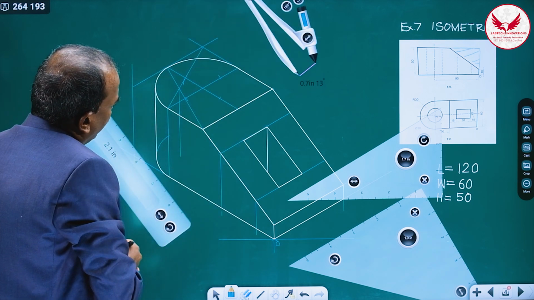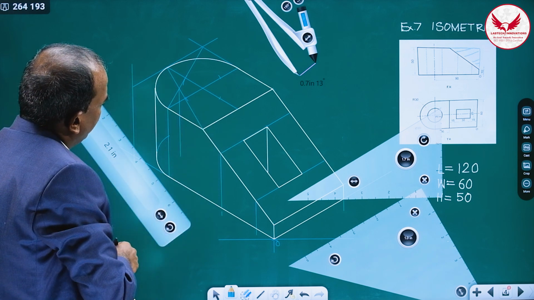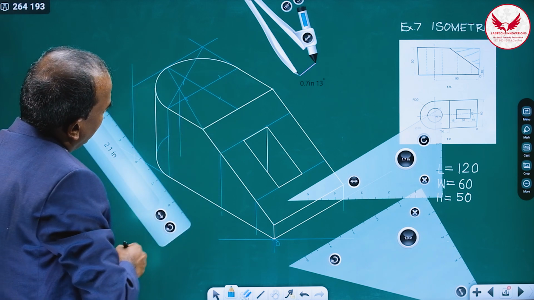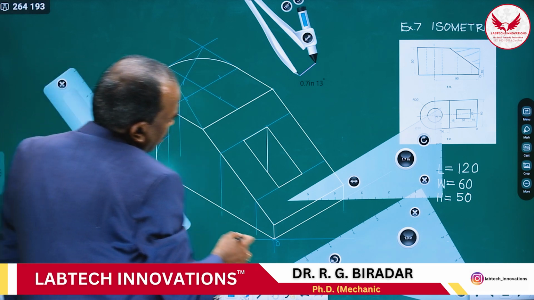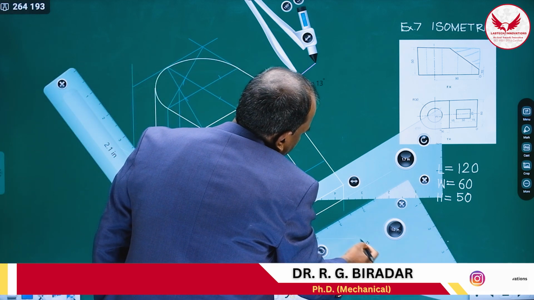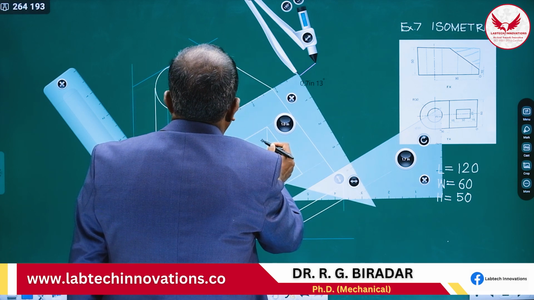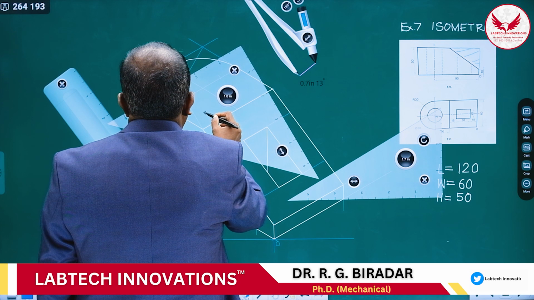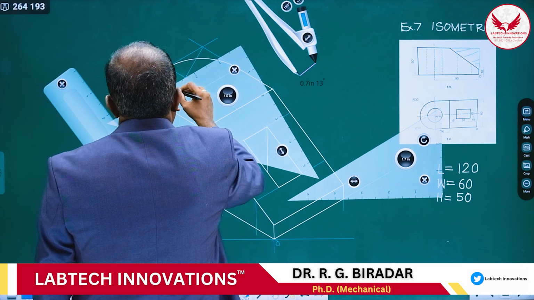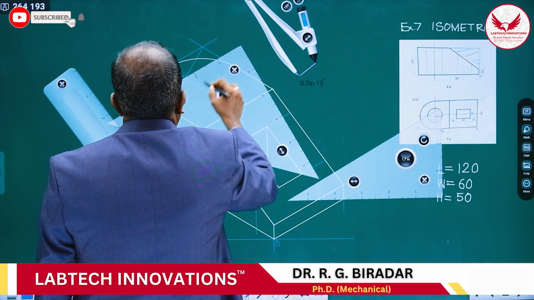And now, it is in the top view, which means which lines will we be using? Lines parallel to length and lines parallel to width. For the line parallel to width, I'll use this. So from this point, draw a parallel line.